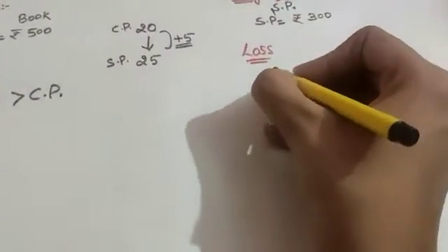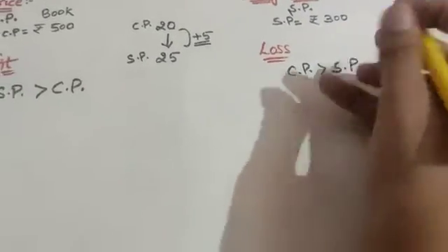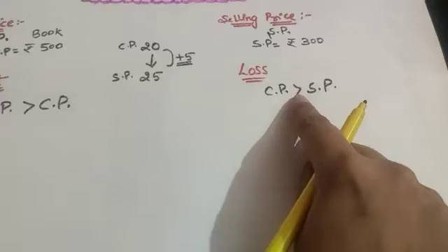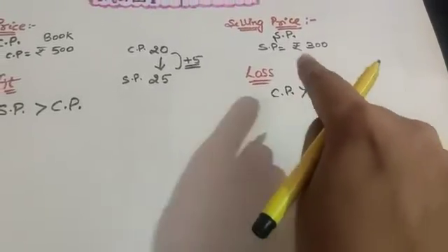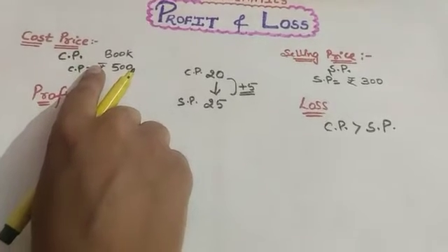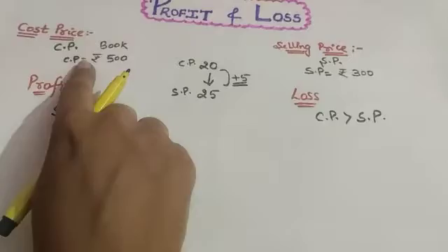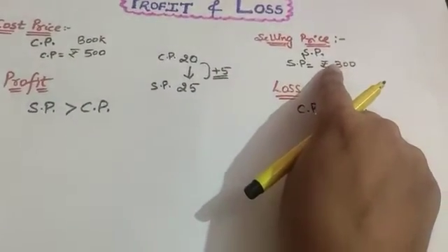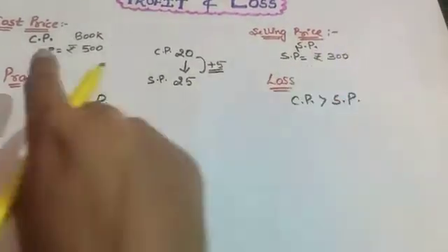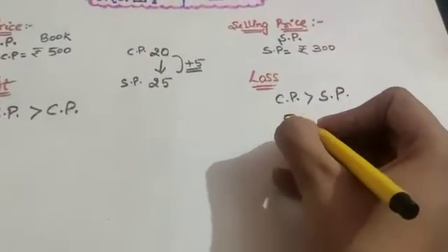If CP is greater than SP, that means if cost price is greater than the selling price, then loss will happen. Let us take the same example of the book. I buy at rupees 500 and I sell it at rupees 300. Here CP is 500 and SP is 300.